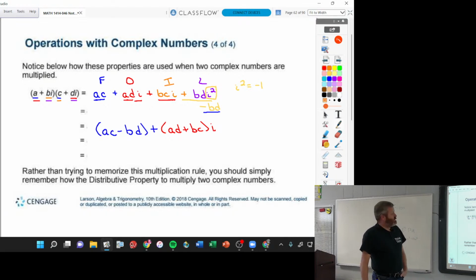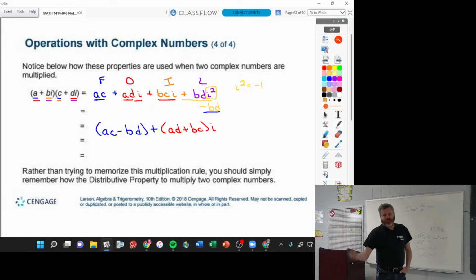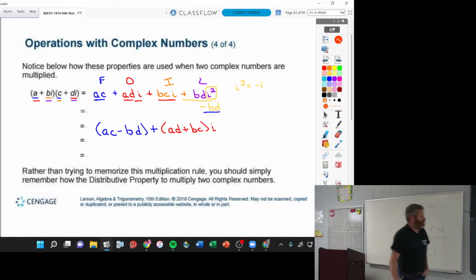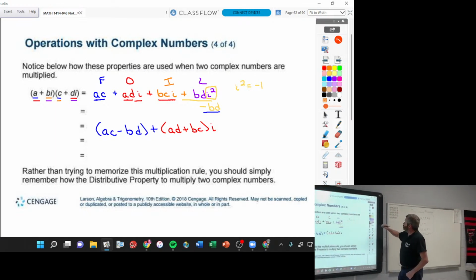I'm not going to mess with memorizing that. I just know that I'm going to apply binomial multiplication or whatever to get my answers, just by using the distributive property.